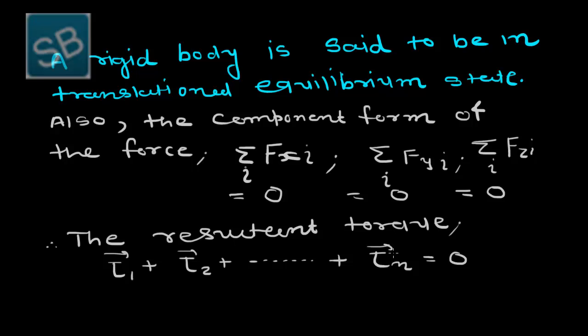And with this we can say that the two characteristics of an equilibrium state of a rigid body are that the resultant force is 0 and the resultant torque acting on the rigid body is also 0.